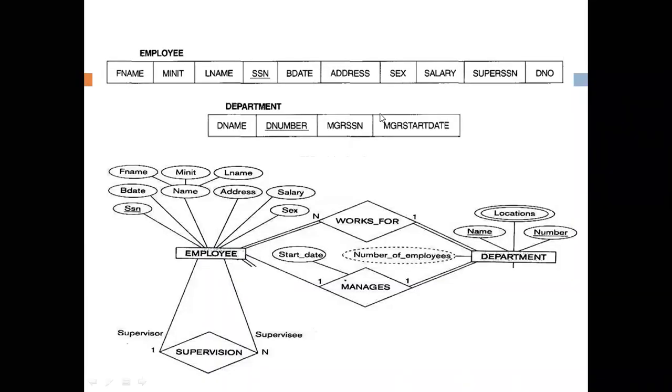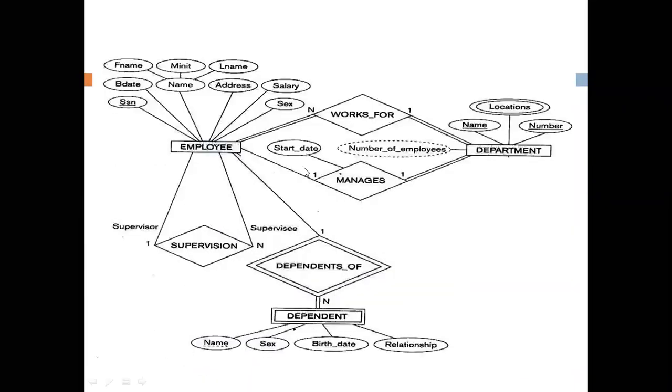Next, let us look at the other table, that is the dependent table. Here, for the dependent, name, date of birth, all those attributes are there.